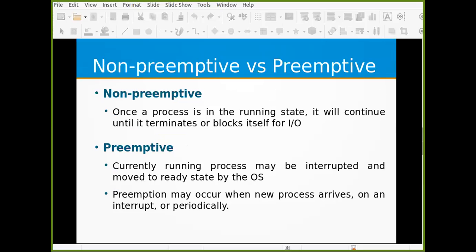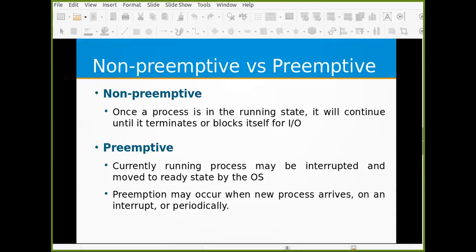Non-preemptive, what is non-preemptive? Once a process is in the running state, it will continue until it terminates or blocks itself for IO. The OS will never remove that process from the running state and put it in the ready state, except in two cases.